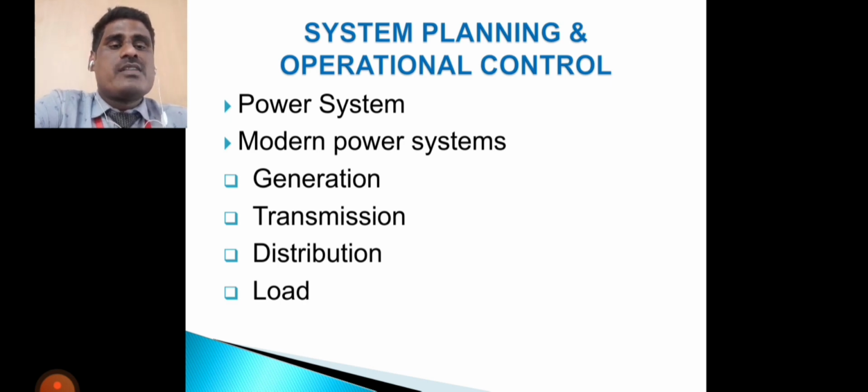In that, power system and modern power system, what is the difference between these two? Number one, the power system consists of only generation, transmission and distribution. The modern power system additionally includes static load. So the only difference between power system and modern power system is static load.